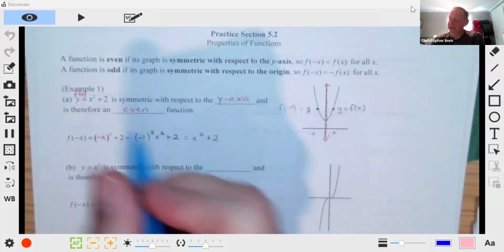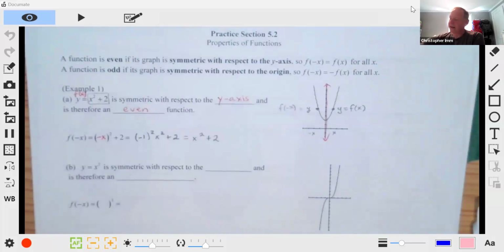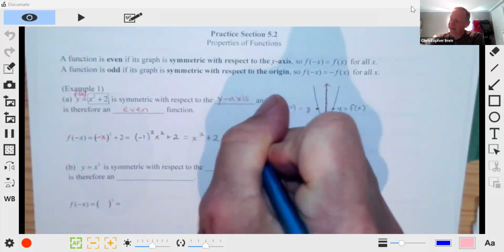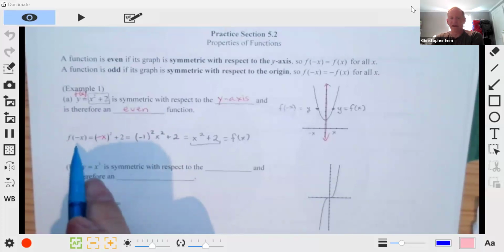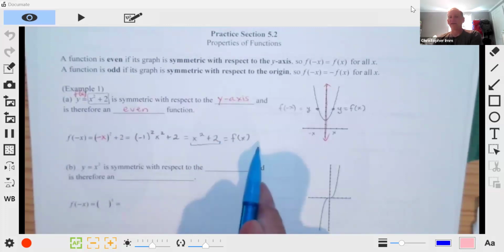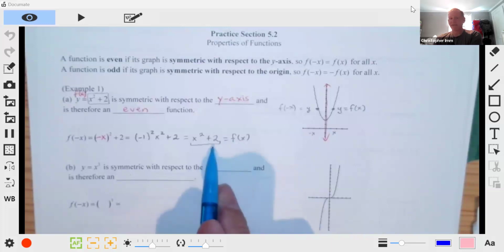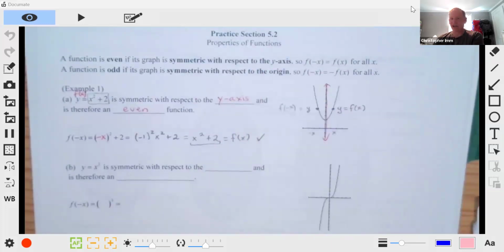So if that reduces to exactly the same thing as the function was before, then we know that this is equal to exactly f of x. So when I plug in negative x for the input, if I compute that y value to be exactly the y value when I would plug in positive x, so I get the same function back, we know that that's even. So this is how we would algebraically check that it's an even function.